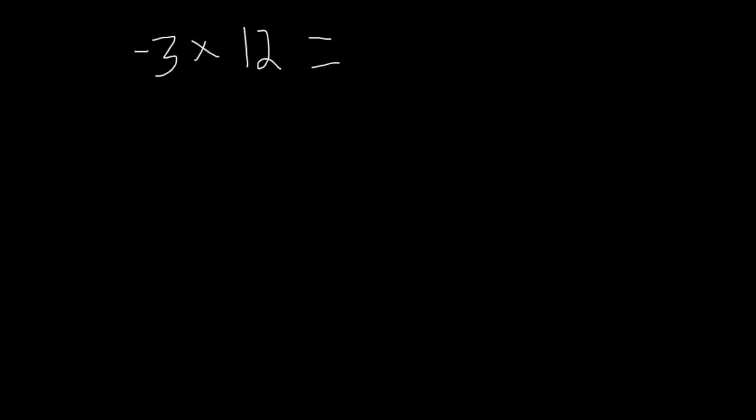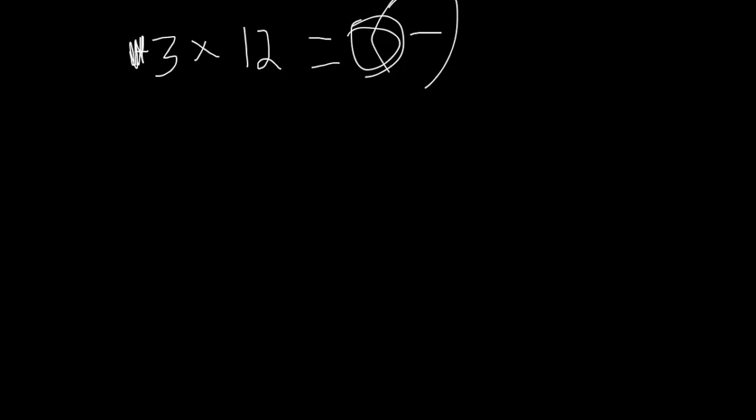Now, in order to figure out what this is, a method is to figure out, using the rules, if the answer will be either negative or positive. So, in this case, since 3 is negative and the 12 is positive, one number is negative, one number is positive, so the answer will be a negative. So, we got that. Then, what you do, just take away the negative.